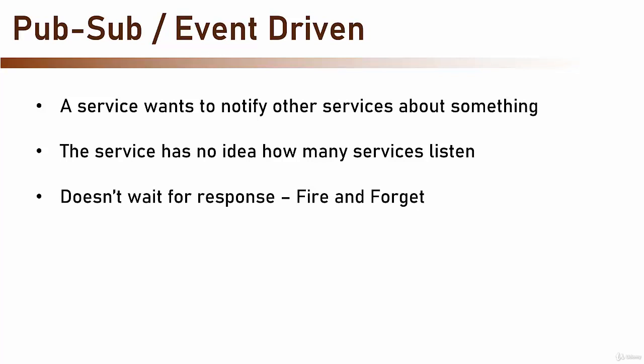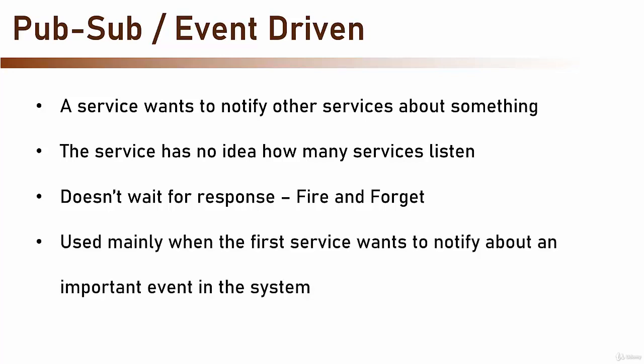In this pattern, similar to the one-to-one async, the sender doesn't wait for a response, and it implements a fire and forget pattern. This pattern is used mainly when the first service wants to notify about an important event in the system and to let the other services decide whether they want to do something with this event or not. Because this pattern is often related to events, it's sometimes called event-driven.